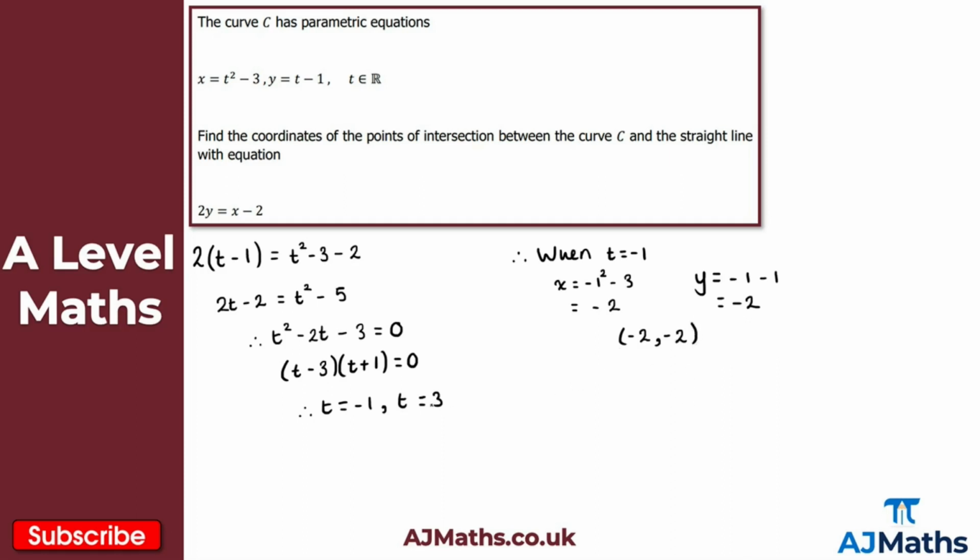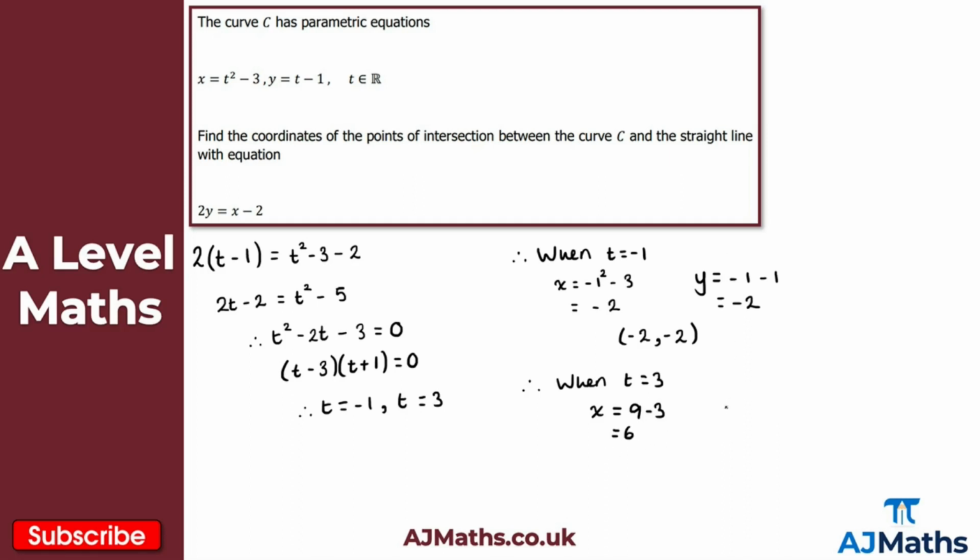If we just repeat this now, when t equals 3 here, we'll get our final point of intersection. So when t is equal to 3, then x equals 3 squared minus 3, so 9 minus 3 there. That would give us 6.